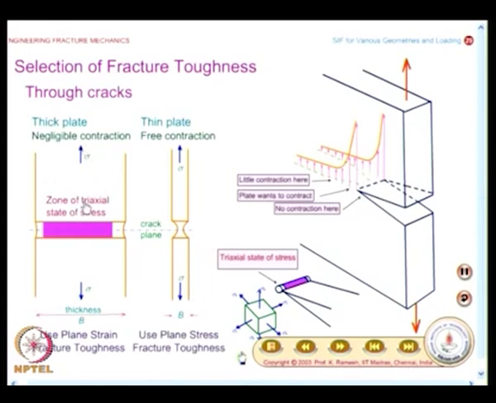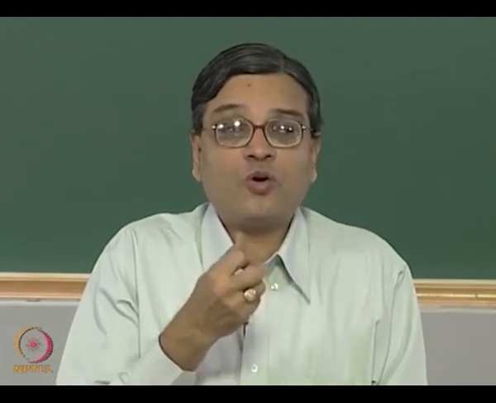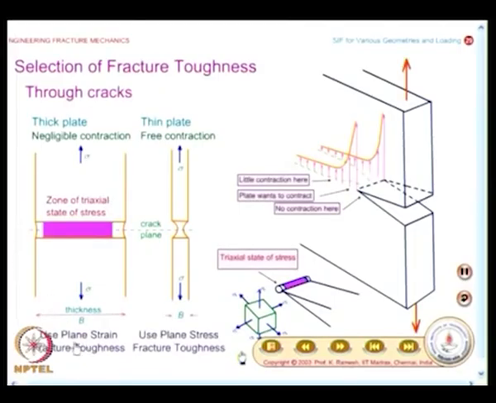So, in such problems, from fracture instability point of view, what will you have to do? You will have to calculate stress intensity factor when you have a crack in a thick plate. From fracture instability point of view, you will have to know what value of fracture toughness you will have to take. Though we will have a separate chapter on fracture toughness testing, certain concepts related to that we may have to discuss even in earlier chapters. So, in such a problem where you have a thick plate, you have to use the plane strain fracture toughness, and I have already mentioned the plane strain fracture toughness is lower than the plane stress fracture toughness.